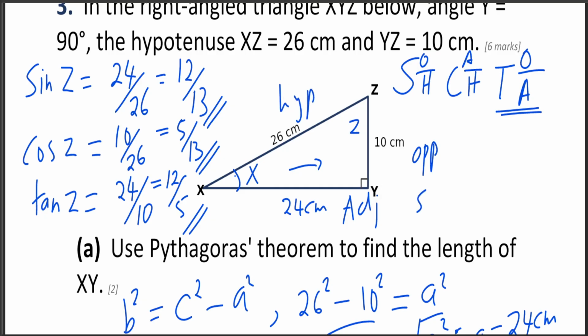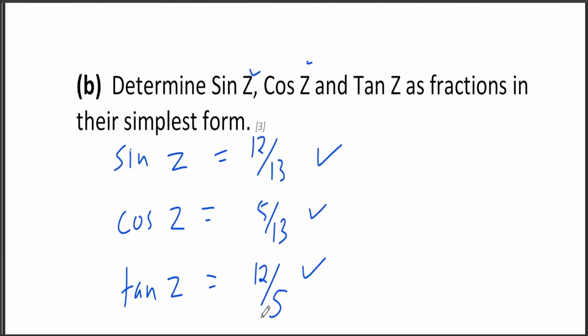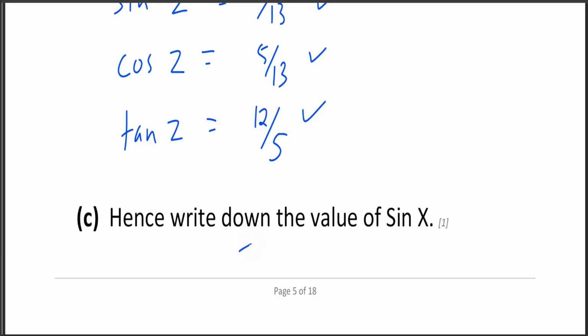So sin x, not sin Z. Sin x is equal to opposite over hypotenuse. The opposite is 10 over hypotenuse, which is 26. So 10 over 26 gives you 5 over 13. So sin x is equal to 5 over 13.